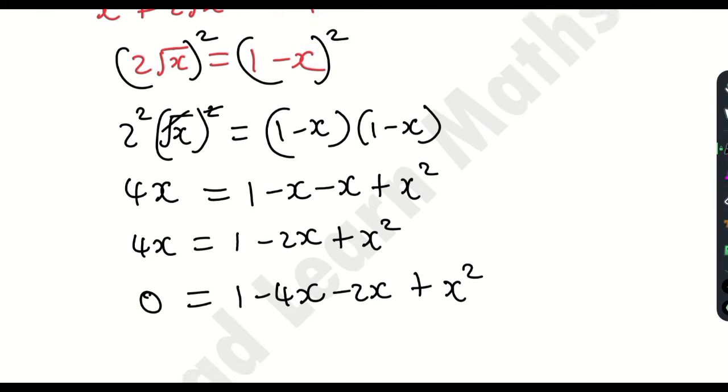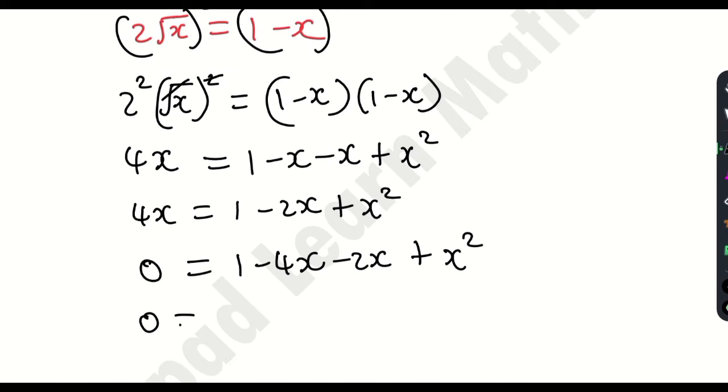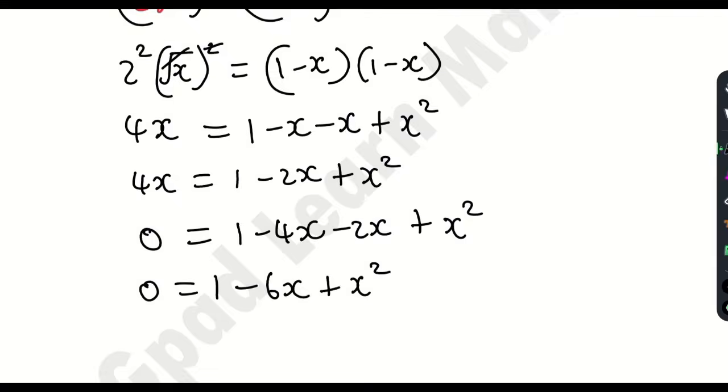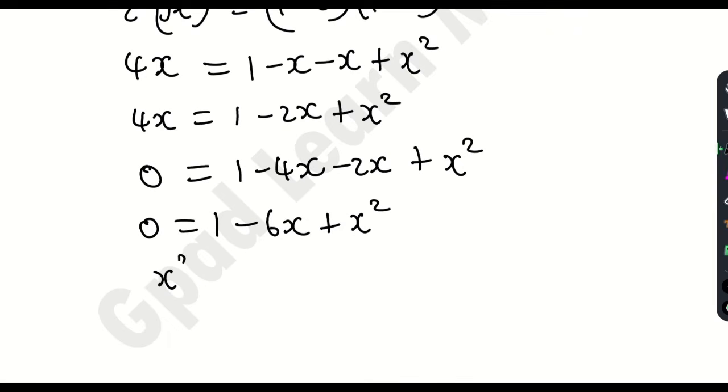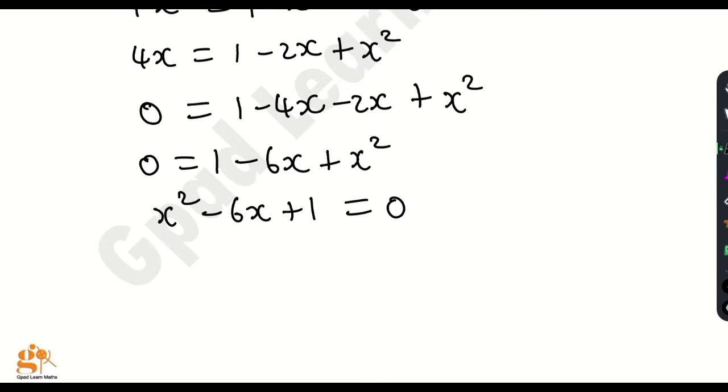So 0 is equal to 1, negative 4x minus 2x is negative 6x, and then plus x squared. All right, so let's rearrange this. I'm just starting with the one with the leading power: x squared minus 6x, then plus 1, the constant term, all is equal to 0. Let's use the formula method to solve this quadratic equation.